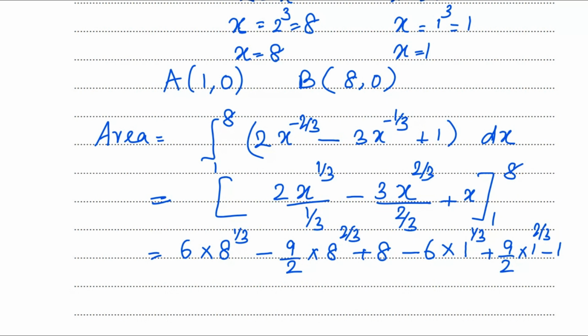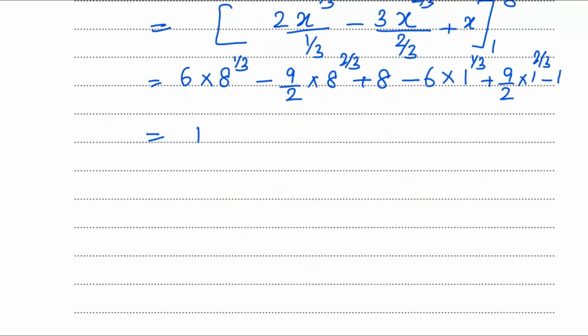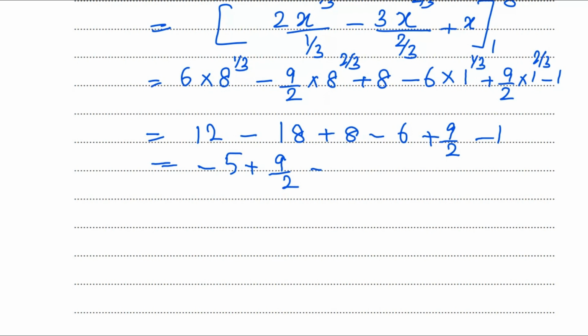So this gives 6 times 2, which is 12, minus 9 over 2 multiplied by 4, which gives negative 18, plus 8 minus 6 plus 9 over 2 minus 1, and this is equal to minus 5 plus 9 over 2, negative 10 plus 9 over 2, so negative 1 over 2.